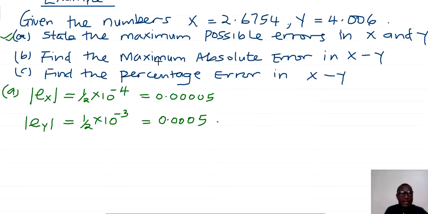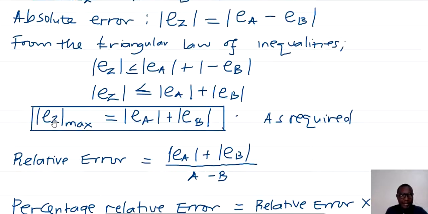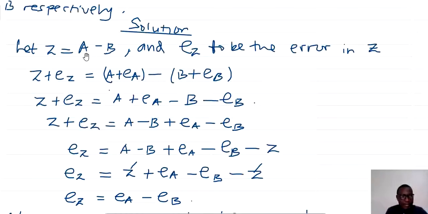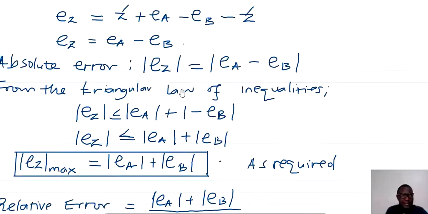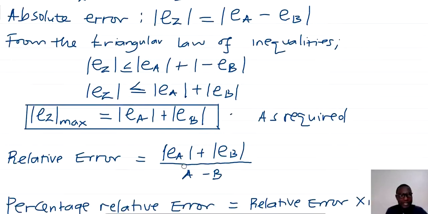Okay. Next, we are going to look at the maximum absolute error in x minus y. From up here, we have that the maximum absolute error in z, where z was equal to a minus b, is equal to the absolute error in a plus the absolute error in b.